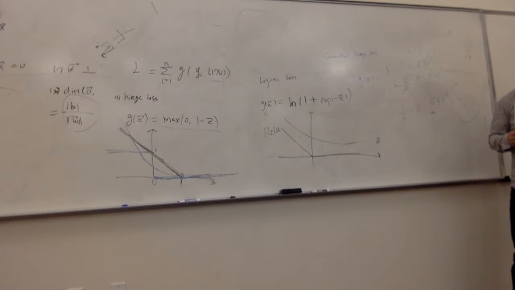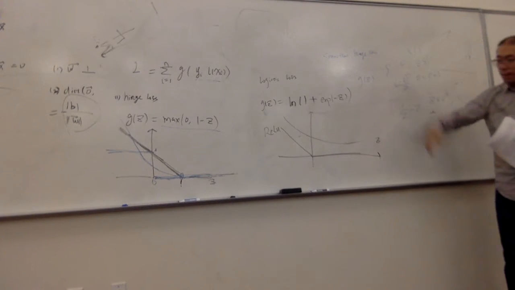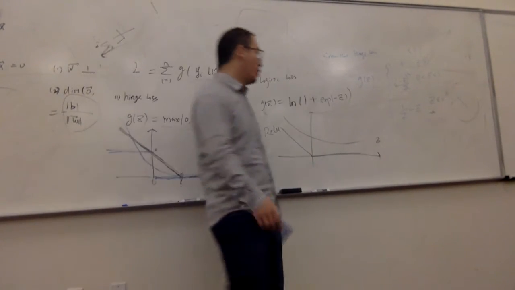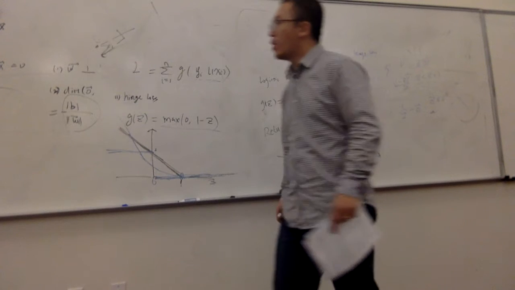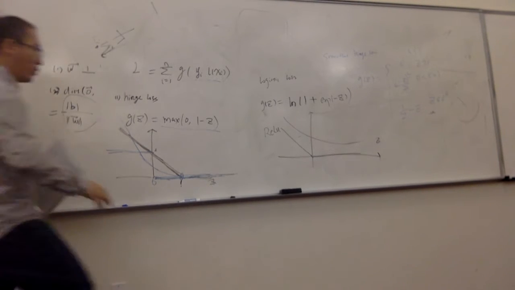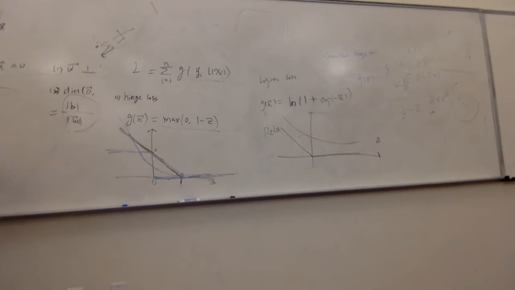So given those different choices of loss, we can construct an objective function. Generally, our objective function for learning a linear classifier becomes just the loss, which is the summation over n instances.